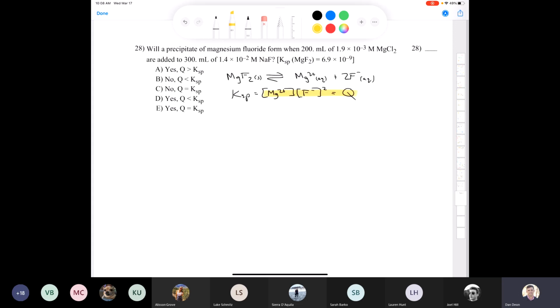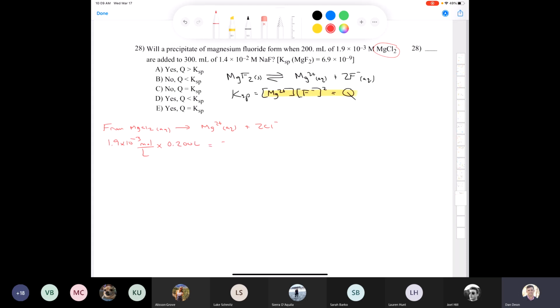All right, so let's figure out what the concentration of magnesium is first. So we'll start with the magnesium chloride. Again, it's going to be completely soluble, right? It gives magnesium ions plus twice the amount of chloride ions. So if the concentration of my magnesium chloride is 1.9 times 10 to the negative 3 moles per liter, and I have 200 milliliters, that's 0.200 liters.